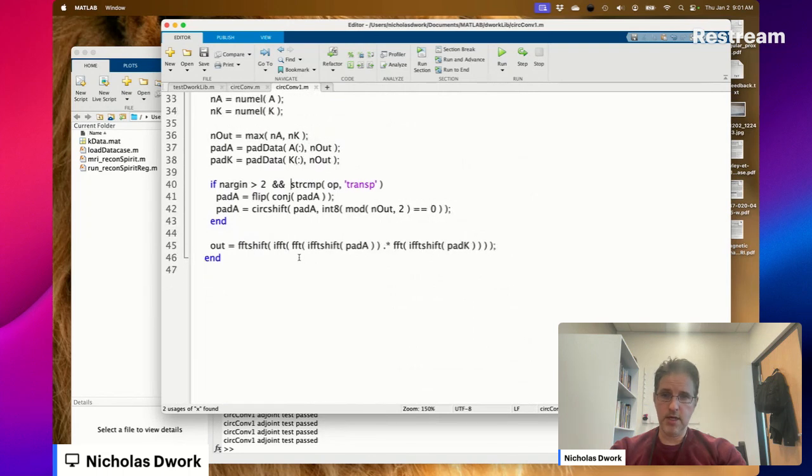I may not understand what IFFT shift and FFT shift do in n dimensions.